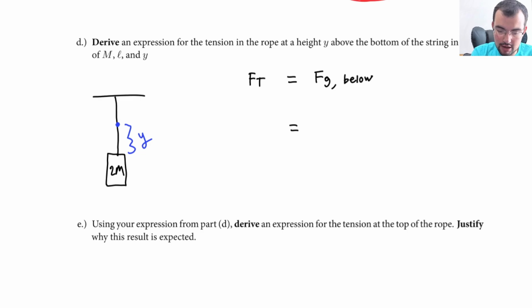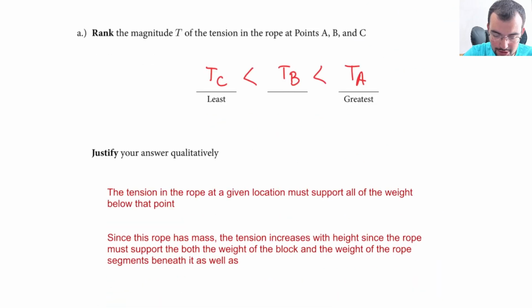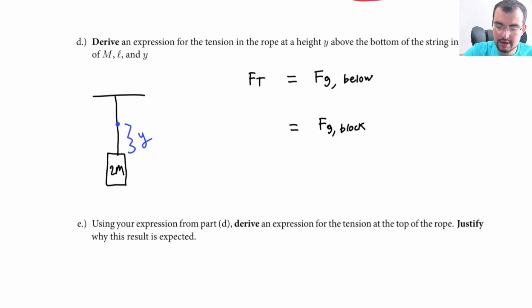So regardless of where we're at, we definitely have to balance Fg of the block. Are you a block or a crate? What are you? You're a block. Okay. And then we also have to balance Fg of the rope below a certain spot.